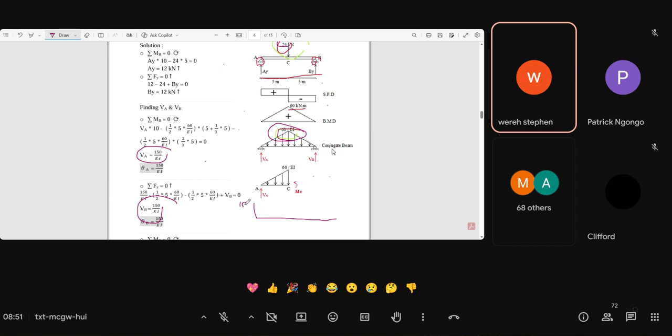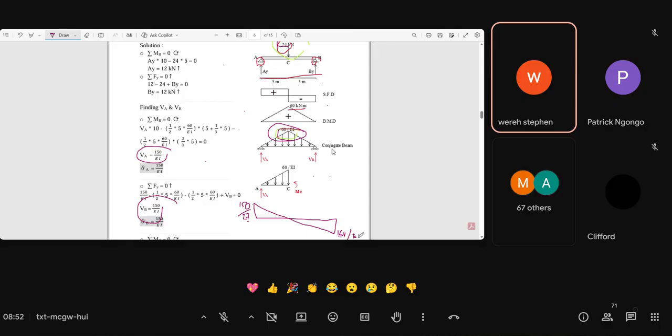Then, because it is a triangular load, the loading is increasing, so we expect the shear force also to be reducing up to this place. Here it is 150 over EI, and this other side should also be 150 over EI, because we have found out that the beam is symmetrical.